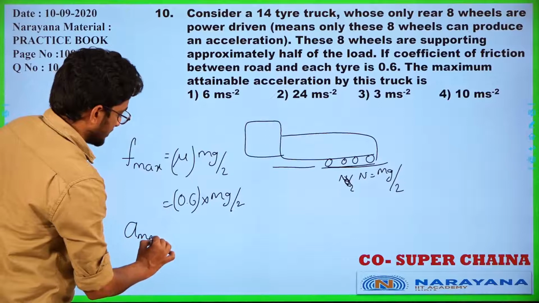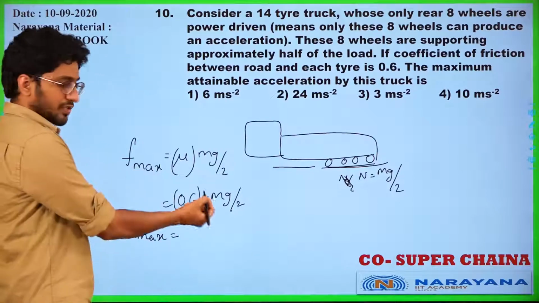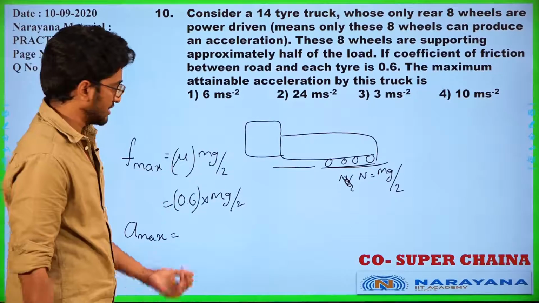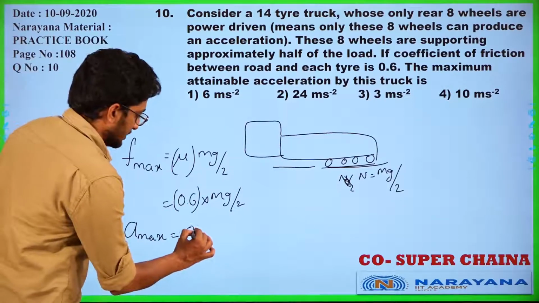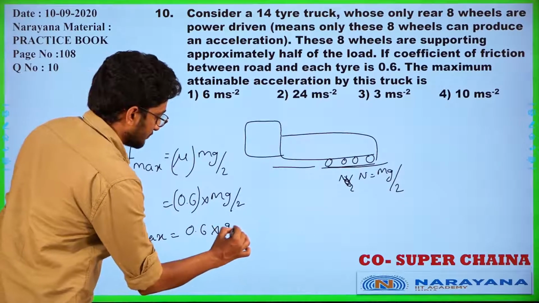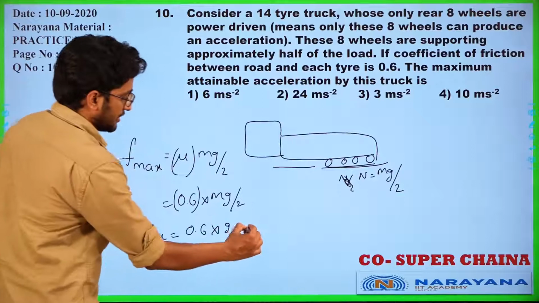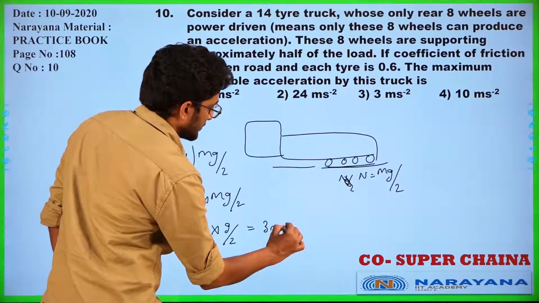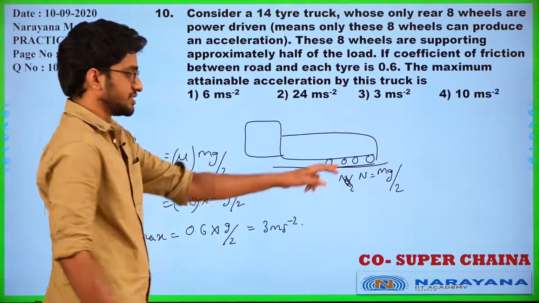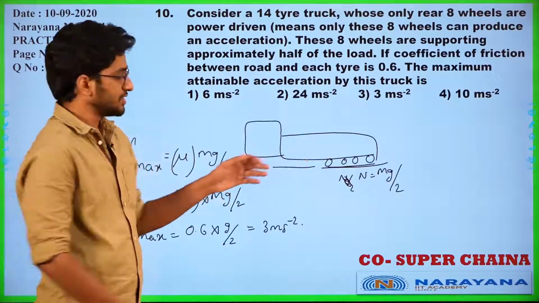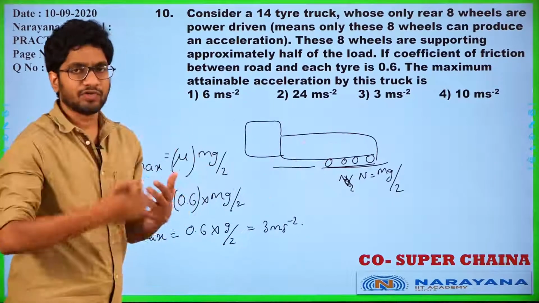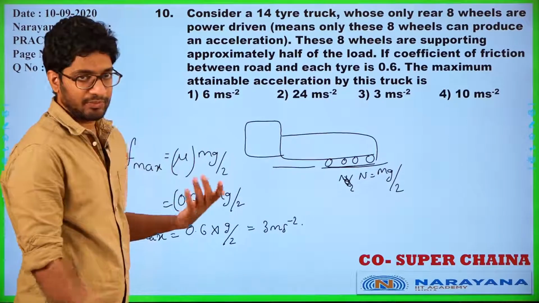So maximum acceleration is maximum force by mass. So this by mass will be 0.6 into g by 2, that is 0.3 g, about 3 meter per second square. Only because of this normal there is friction acting on these wheels, and that friction is giving it a forward push so that the truck can move.